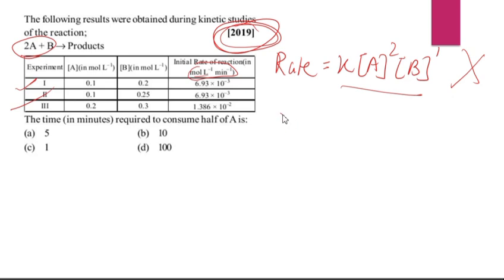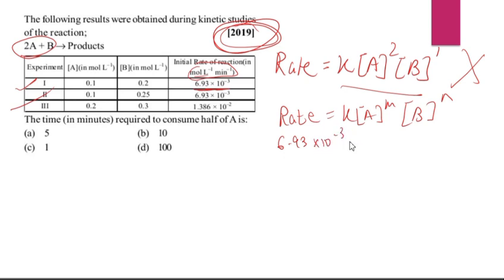So what we need to do is rate equals k a to the power m and b to the power n. So what is the value of the rate for a 0.1 and b 0.2? It is 6.93 into 10 to the power minus 3 equals k times 0.1 to the power m into 0.2 to the power n.